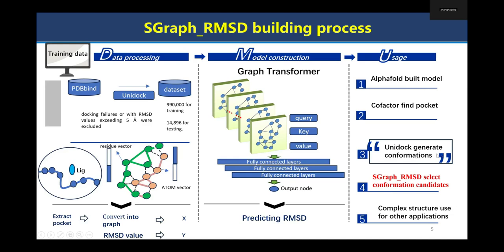Then we use UniDock, developed by other researchers, to generate the conformations. Finally, we use our developed S-graph RMSD to select conformation candidates, and then we can use them for later applications.